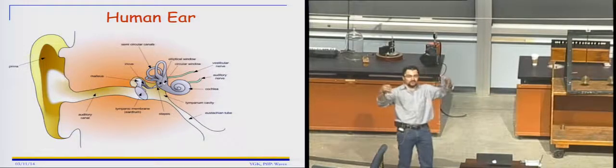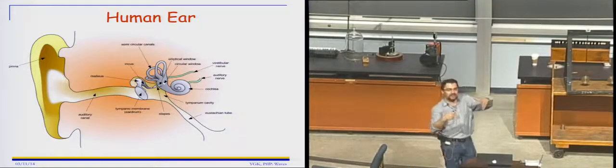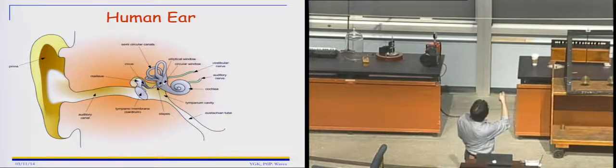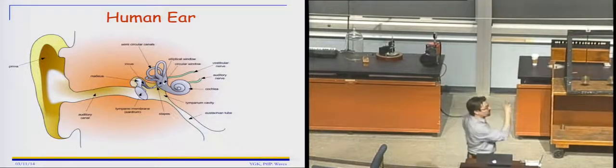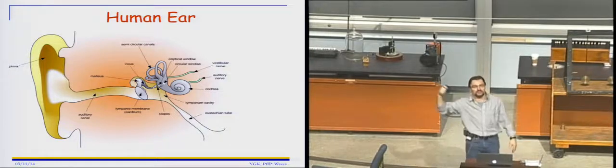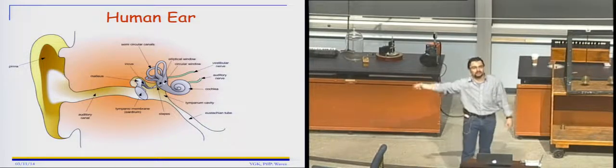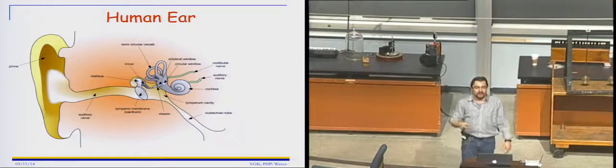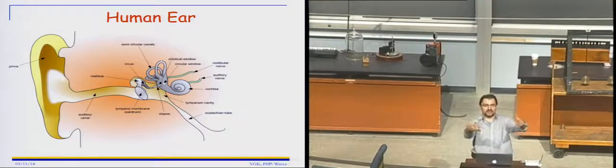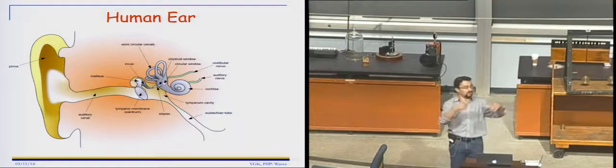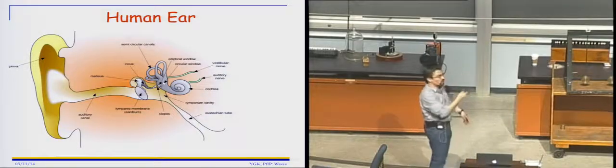So if you imagine it, take a cone and kind of roll it, and then fill it with little hairs. Those hairs vibrate and produce electrical signals that are then sent along the nervous system to your brain. The fact that the cochlea is shaped like a cone is important.